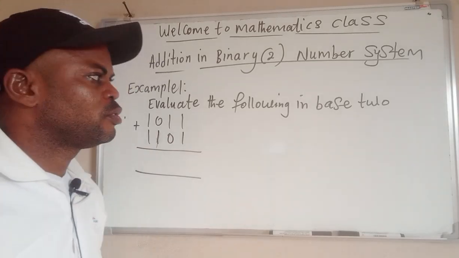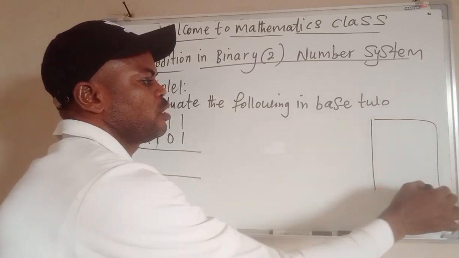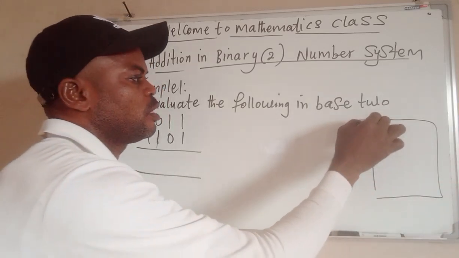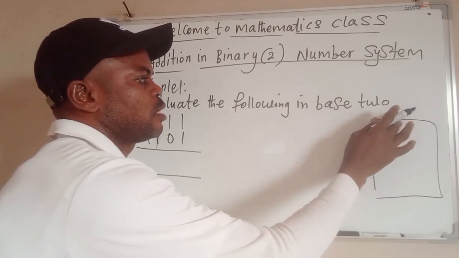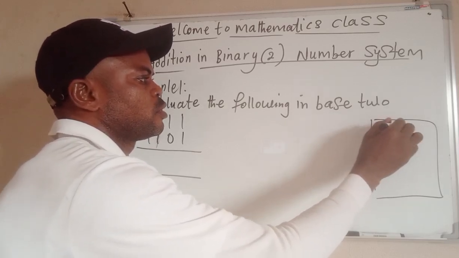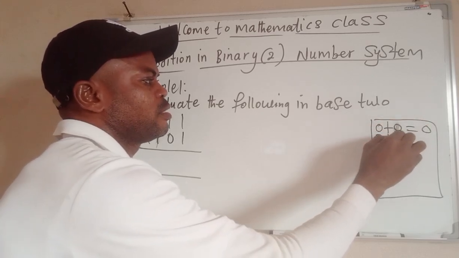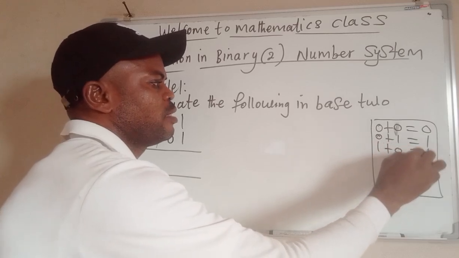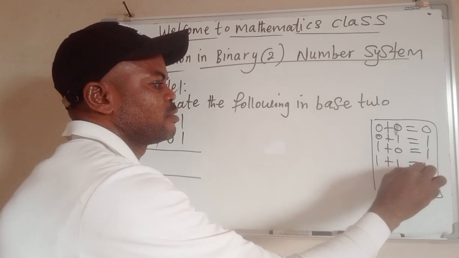Some teachers may tell you to store this at the back of your mind. I call that cramming. It's not really necessary. You would have to cram that 0 plus 0 is equal to 0 in number base, 0 plus 1 is equal to 1, 1 plus 0 is equal to 1, and then 1 plus 1 is equal to 10.